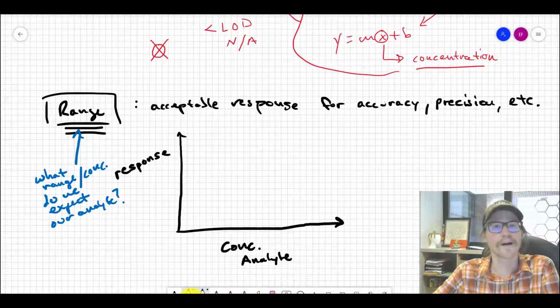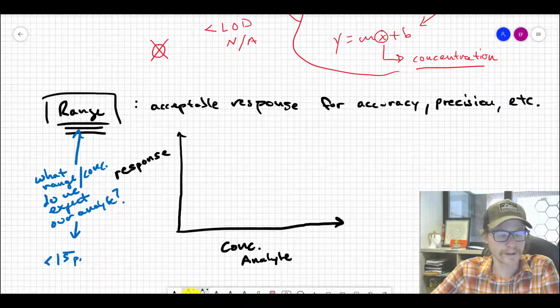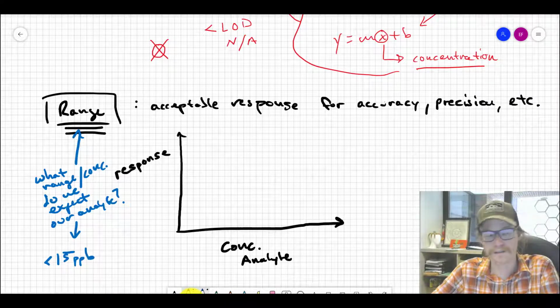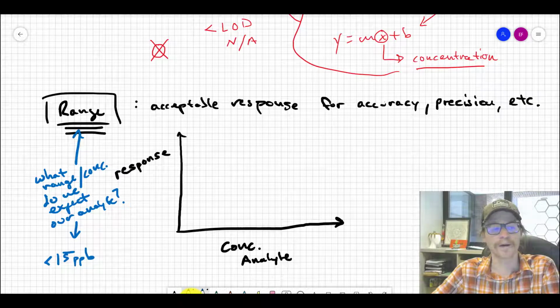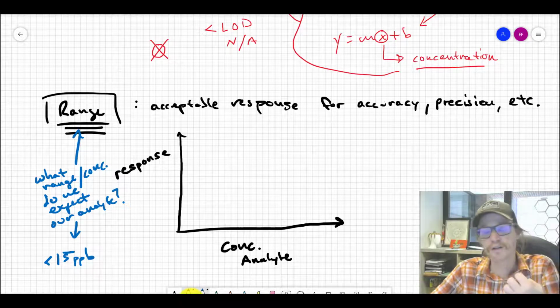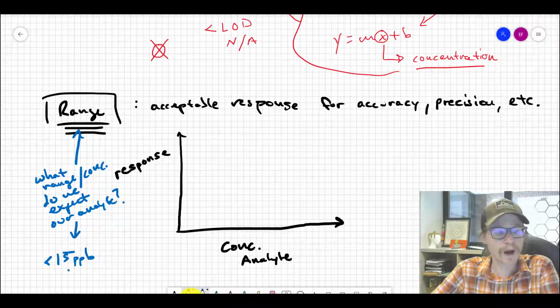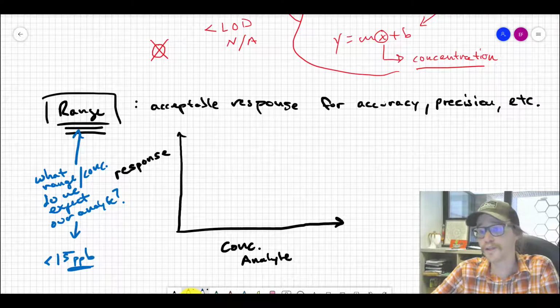So for example, if you're trying to measure lead in drinking water, a good reference, a good rule of thumb is that the EPA mandates that lead needs to be less than 15 parts per billion in drinking water samples. This is the lead and copper rule. So when you're trying to measure lead in drinking water samples, you're probably measuring in the low part per billion range.